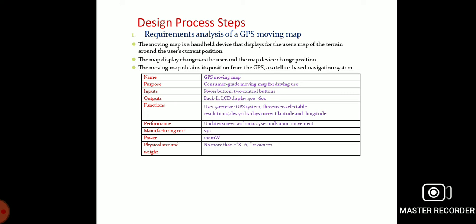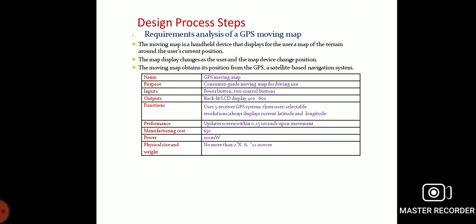So what are the design process steps? What are the requirement categories? The name is GPS moving map, and the purpose is a consumer grade moving map for driving use. For input and output, a power button and two control buttons are used on the input side, and the output is an LCD display.